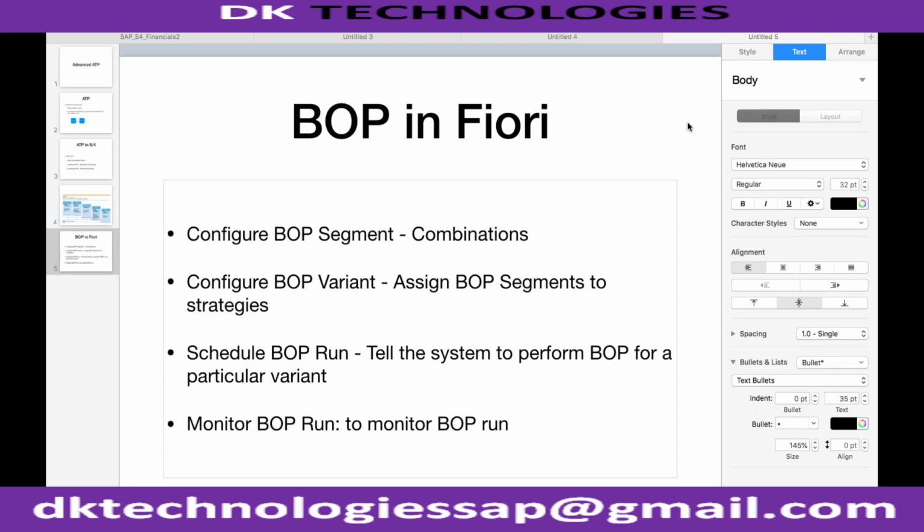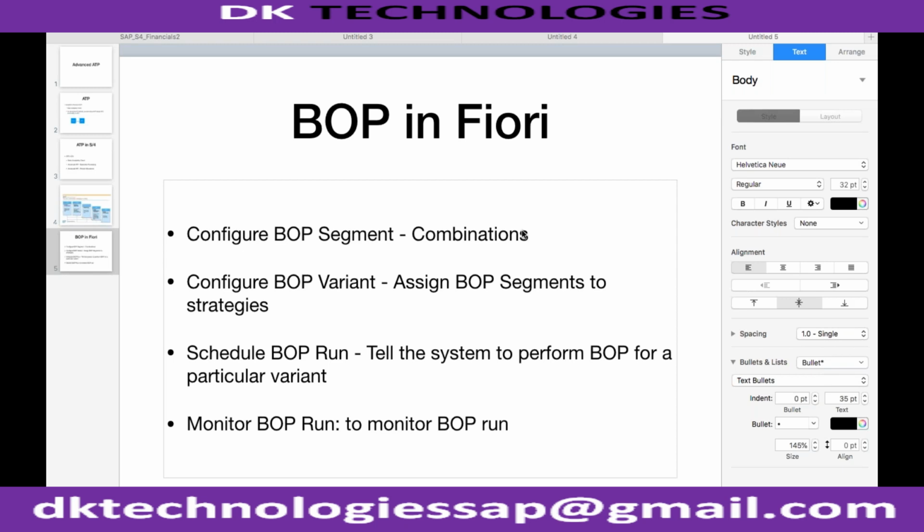How will you know which customers are falling in that category or which sales orders are falling in that category? Or to segregate those, you mean. Right. So this not only runs the BOP for the sales order, it also categorizes the customers?